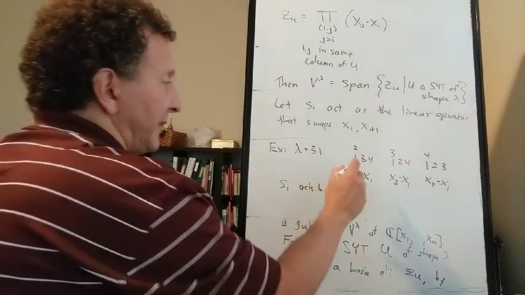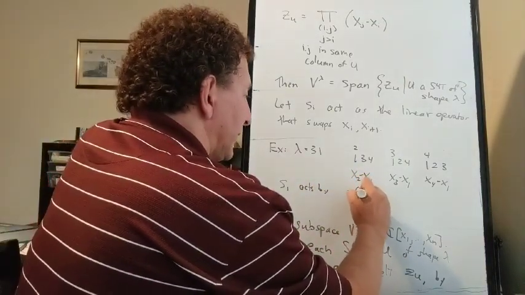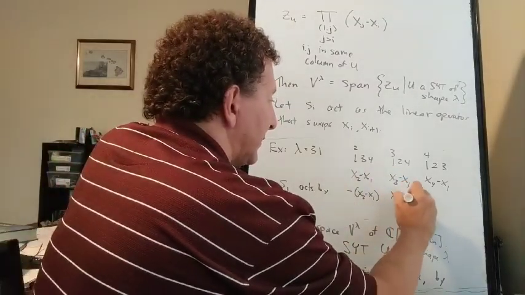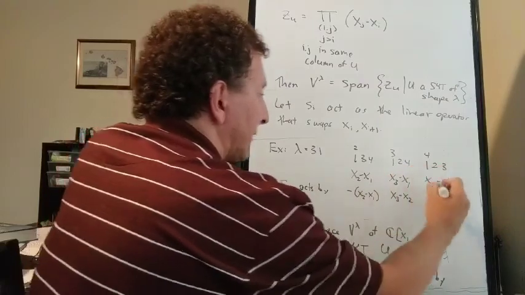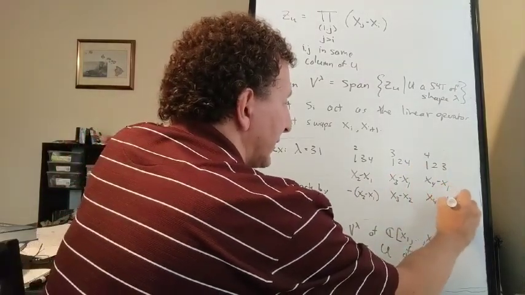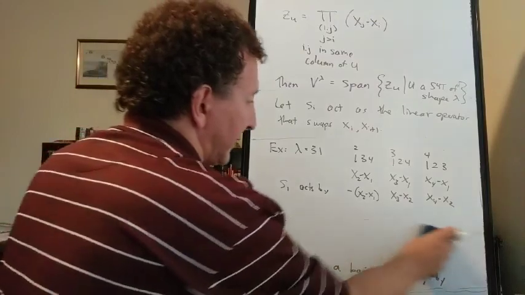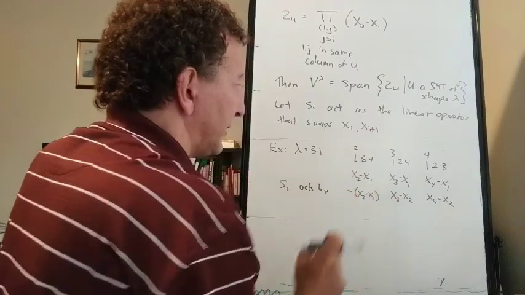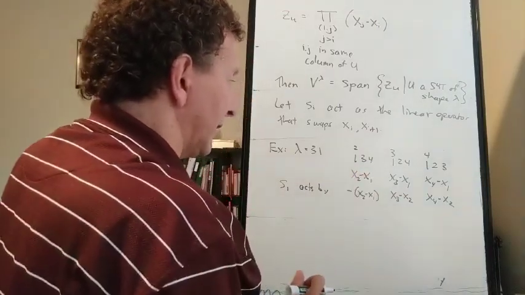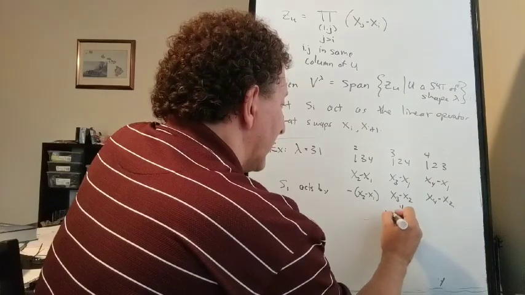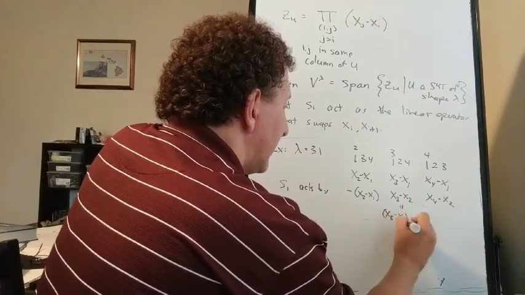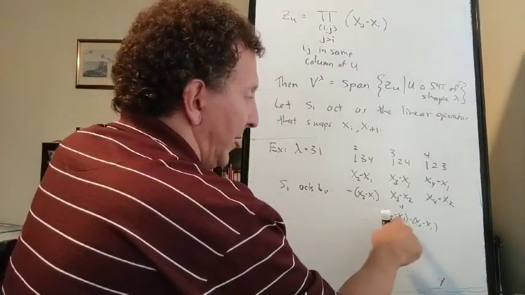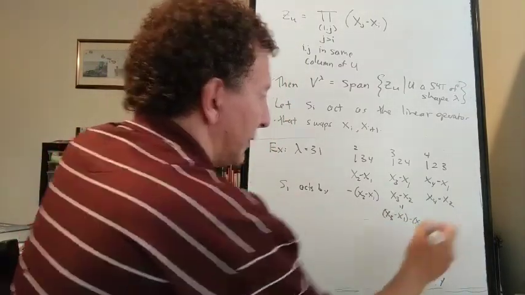Now, when S1 acts on this one, we just get the opposite of it. When S1 acts on this, we get x3 minus x2, and when S1 acts on this last one, we get x4 minus x2. x3 minus x2 is x3 minus x1 minus (x2 minus x1), because then we'll get x3 minus x2, and the minus x1 will cancel with a positive x1.